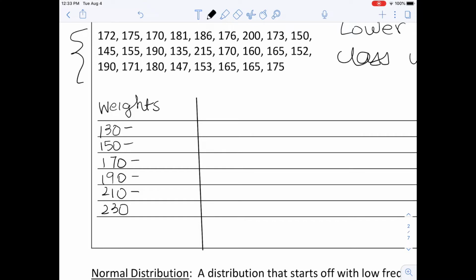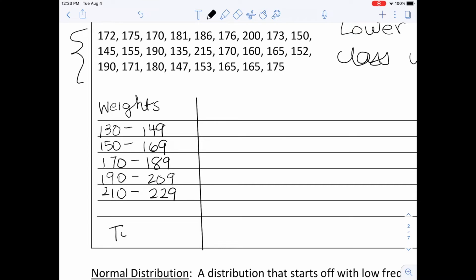We go from 130 to 149. Then we go to 170, so that class ends at 169. The next one will be 189, the next 209, and the next 229, which includes that weight of 215 pounds. So I'm going to erase that last class we had considered that we might need.